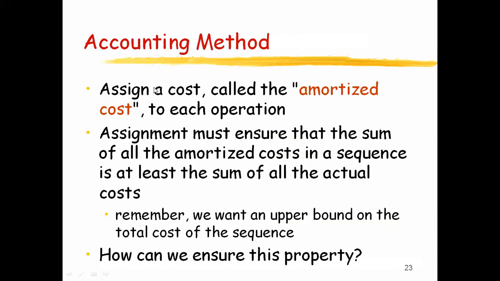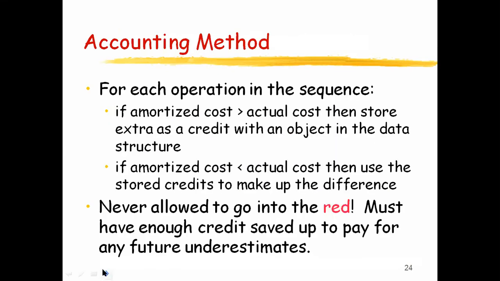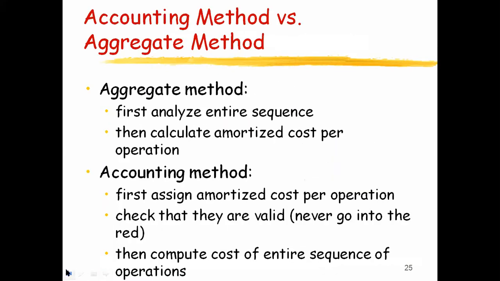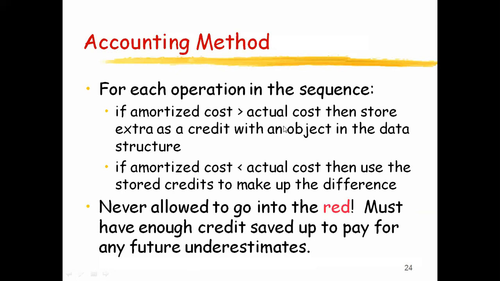Next one, the accounting method. So assign a cost called the amortized cost to each operation. This assignment must ensure that the sum of all the amortized costs in a sequence is at least the sum of all actual costs. If the amortized cost is greater than the actual cost, store the extra credit with an object in the data structure.